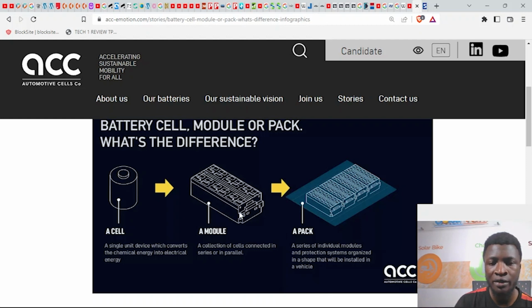So 4 times 5 is 20. And if you put them in parallel, it means we are increasing the current, or the ampere, of the battery. Now these modules are added together to form a pack. The whole pack becomes the traction battery, which the vehicle is going to run on.